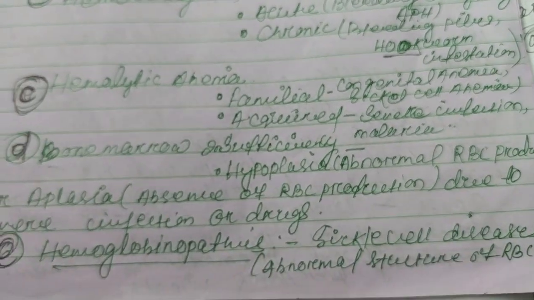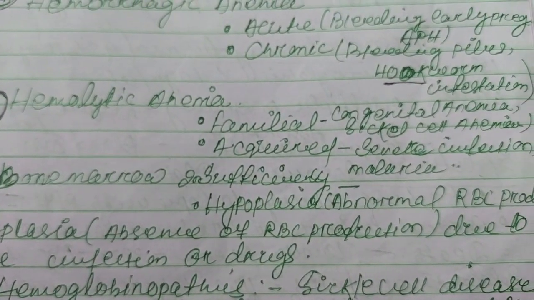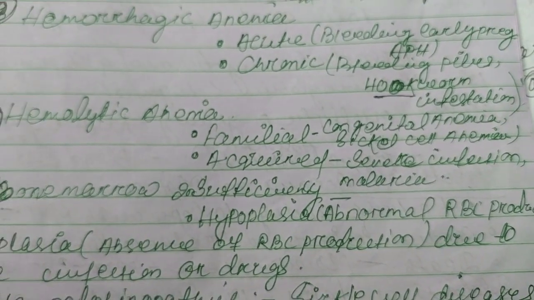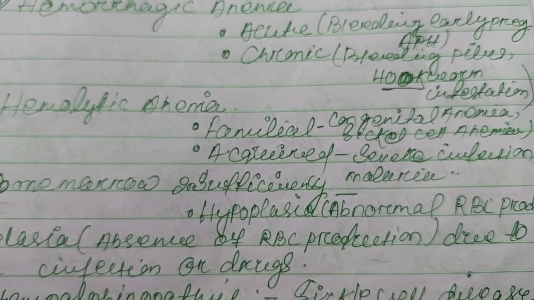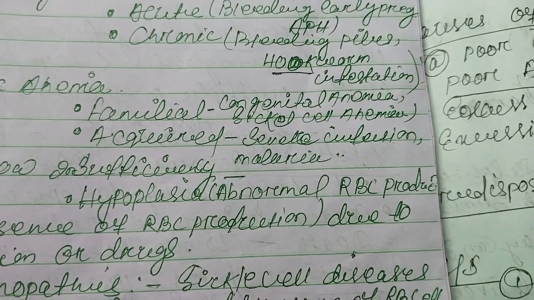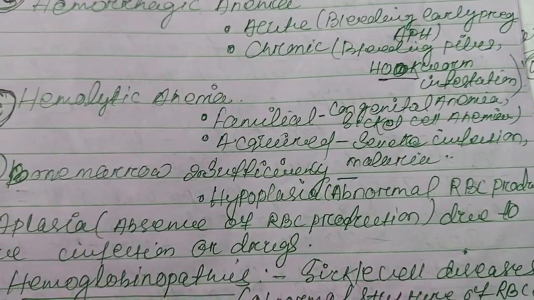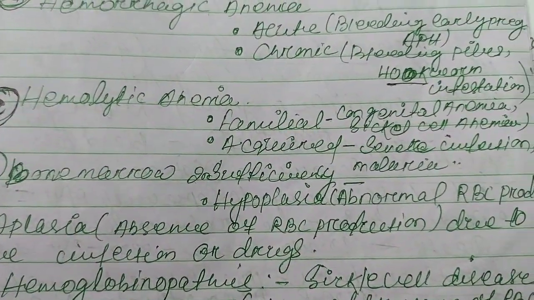Then next we'll talk about bone marrow insufficiency. Fourth one is bone marrow insufficiency under pathological anemia. So what will cause it? Hypoplasia means abnormal RBC production, and aplasia means absence of RBC production.